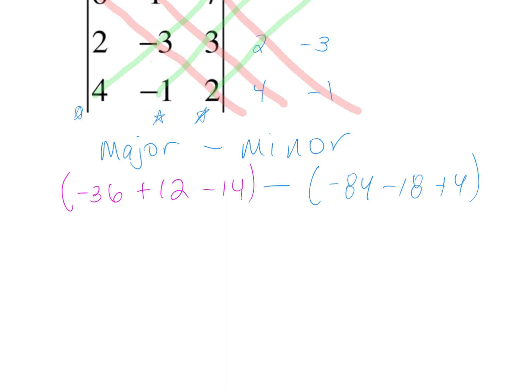You won't have a calculator probably on your quiz or test, so make sure you can add and subtract negative and positive numbers. What's negative 36 plus 12? Negative 24, right? Minus 14. Negative 38, good. Okay, so then minus, what's negative 84 minus 18?